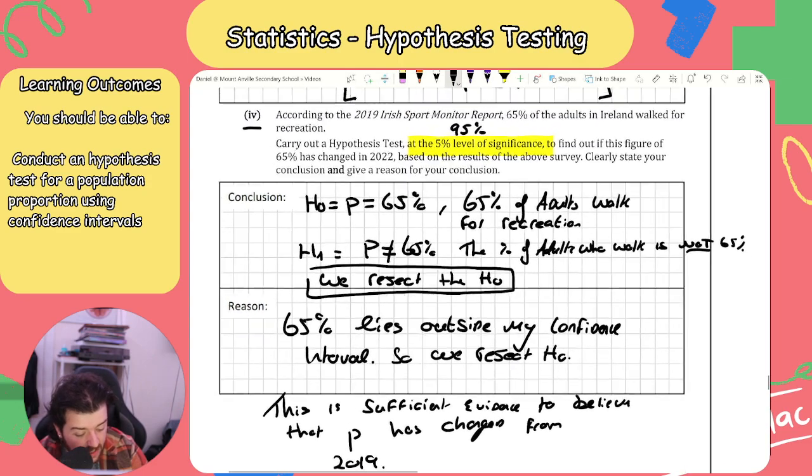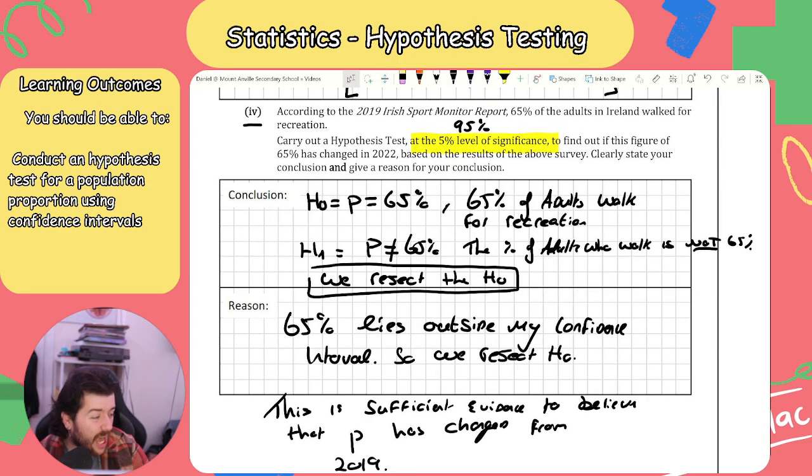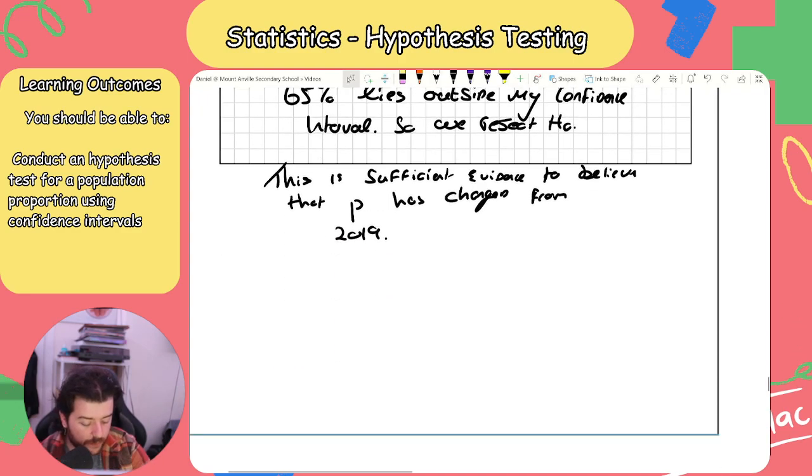And if you think of it in a wider context, it actually does make sense. We can say with 95% confidence that the percentage of people who walk for recreation is more in 2022 than it is in 2019, because during COVID and the lockdowns, people got into walking. I got into walking during COVID. So that does make sense that the percentage of people who walk for recreation has changed from 2019 to 2022.